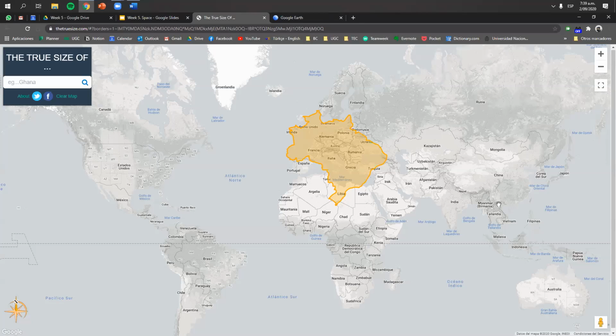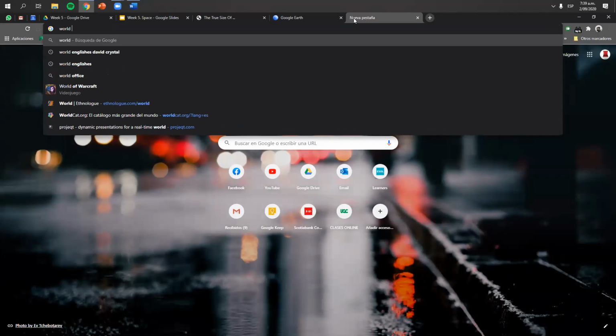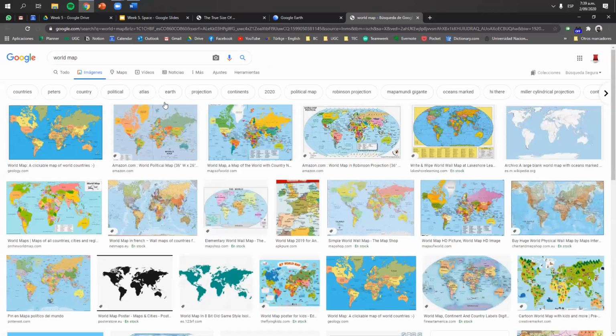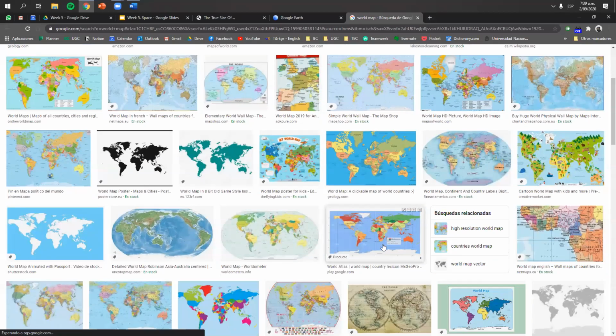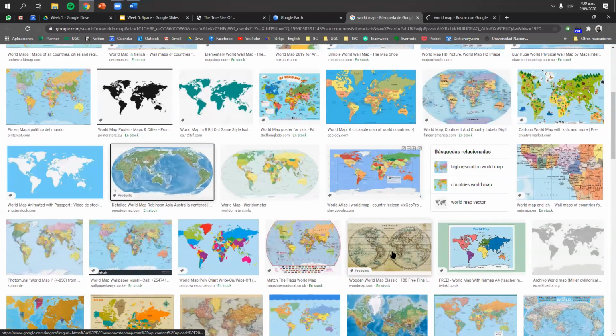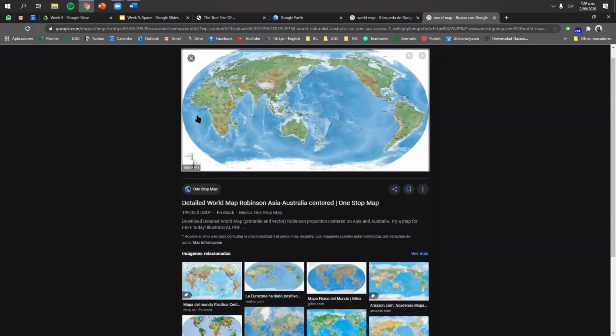So actually, if we look, for instance, for a world map, just like that, if you just Google it like that, and you find an image, you'll see the disposition of the countries, the way it is. So it's always represented this way, right? With Africa in the middle, blah blah blah. But why not this way?